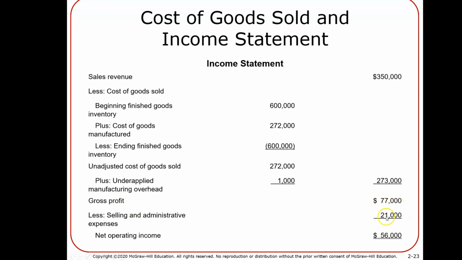And then we had some selling and administrative expenses, which I didn't put in there, but I will put in so you can see it later. And then the net operating income. So sales revenue minus cost of goods sold is gross profit, minus selling and administrative is net income, operating income.